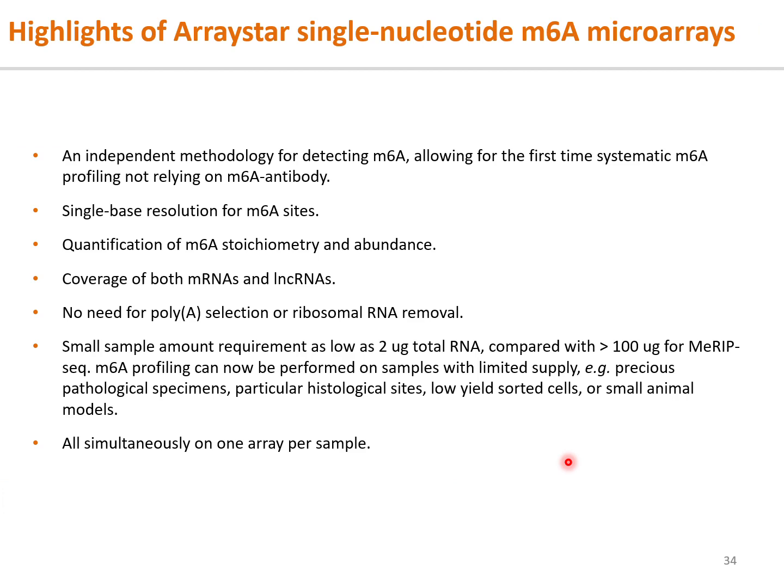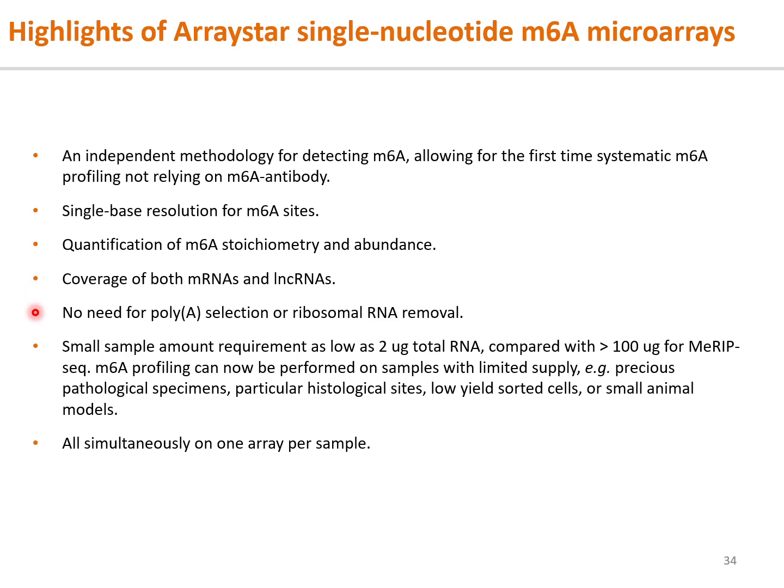To summarize, m6A microarrays have many unmatched capabilities and benefits. It is an independent methodology for detecting m6A, allowing for the first time systematic m6A profiling not relying on anti-m6A antibody. It pinpoints m6A sites at single nucleotide resolution. It quantifies m6A abundance and stoichiometry for each site. It covers both mRNAs and lncRNAs.